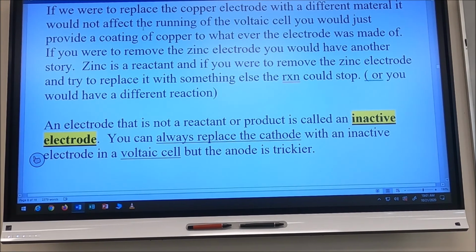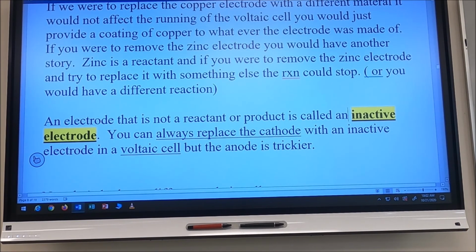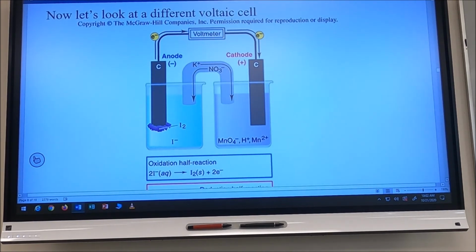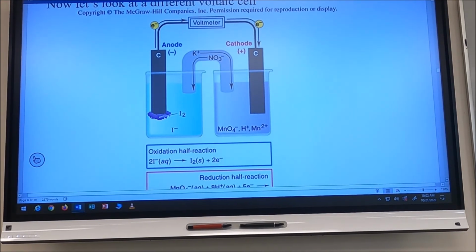You can always replace the cathode in a voltaic cell with an inactive electrode, but the anode is much trickier. You have to pay strict attention to what the reactants are when you're building a voltaic cell to see if you need an active electrode on your anode side.